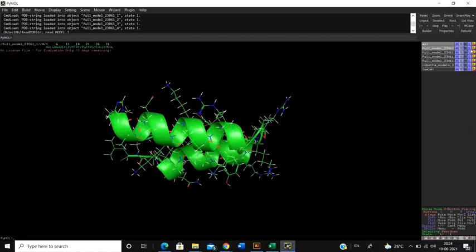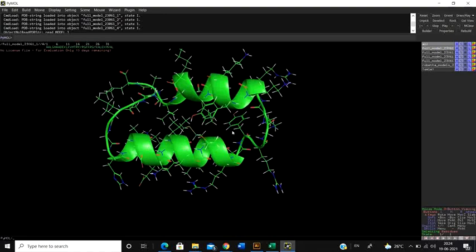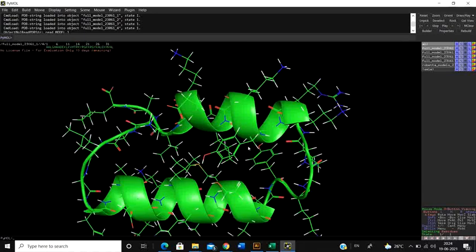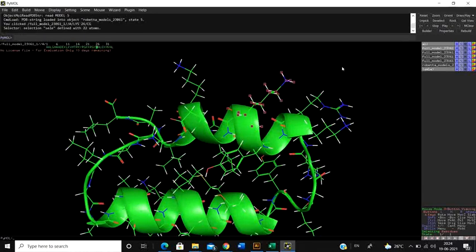Next you have the option called label. What is label? We can label each amino acid. Suppose I don't know what this amino acid is, how do I see? If I highlight this amino acid, that particular amino acid in the sequence gets highlighted, so it is a lysine.